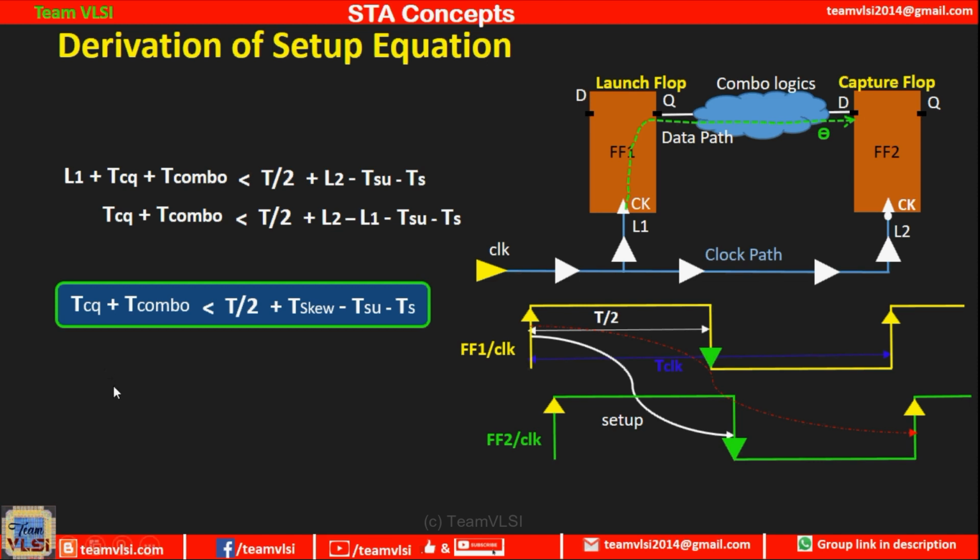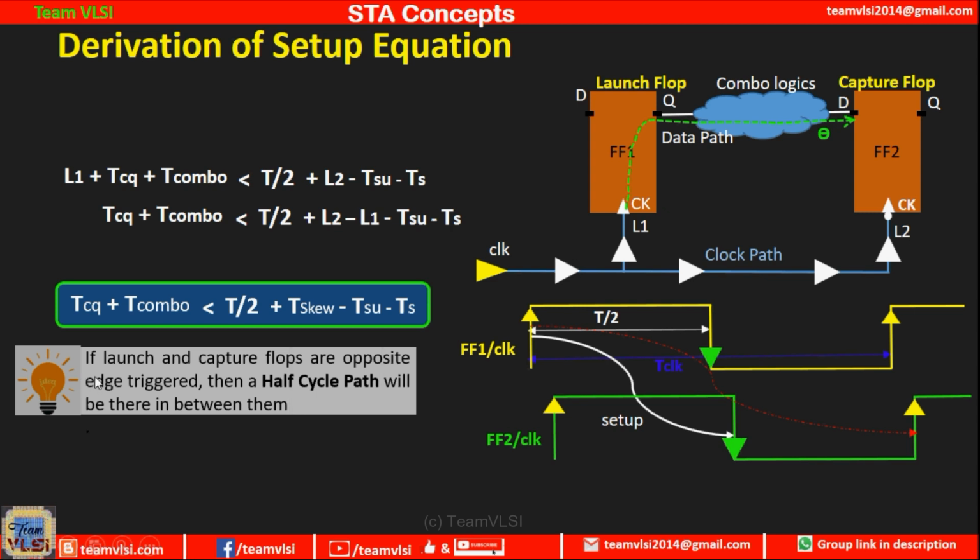Before that, here is one important piece of information. If launch and capture flops are opposite edge triggered, then a half cycle will be there between them. So such a scenario is called a half cycle path requirement, right?